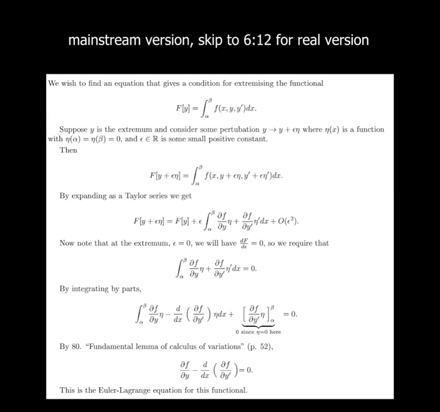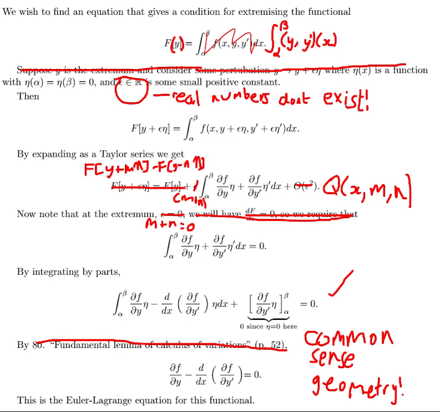I can make a video on that if you want, but it's so obvious. We don't even need to prove it with anything other than geometry. I don't know why mainstream mathematicians do that, but that's what they do. And by the fundamental lemma, we get df on dy minus d on dx of df on dy prime equals 0, which is the Euler-Lagrange or the John Gabriel equation. So now I'm going to show you how to make this better.